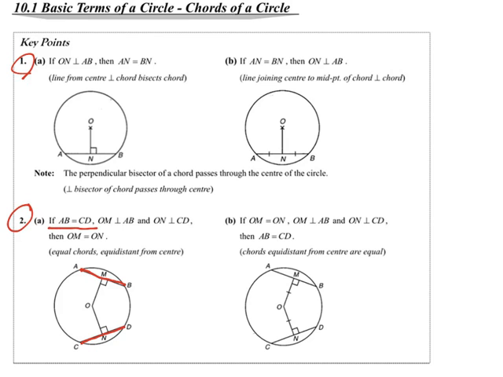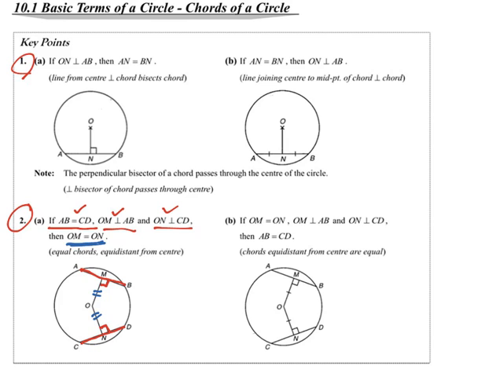If AB and CD are the same length, and we know OM is perpendicular to AB and ON is perpendicular to CD, that means these two are right angles. As a result, OM is equal to ON. Okay, remember we will have 3 criteria. Then we have this conclusion.